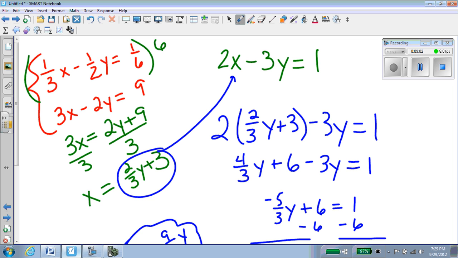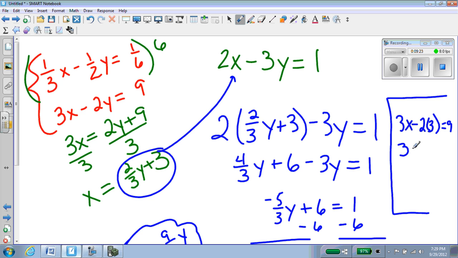I think I'll go back to this one. So that would be 3x minus 2 times 3, because y was 3, equals 9.